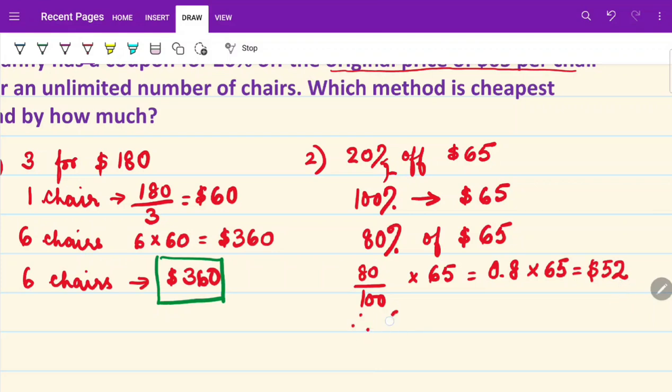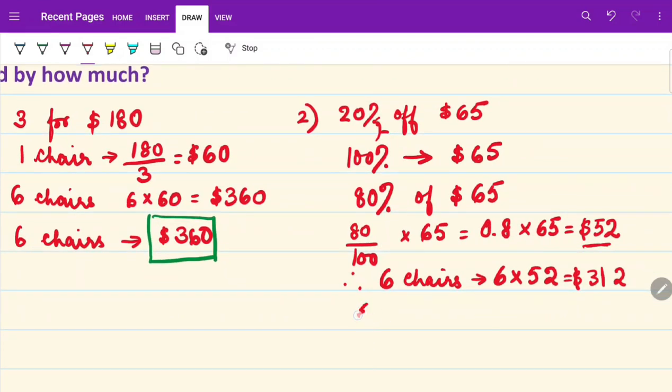Therefore, 6 chairs would cost 52 times 6, which is $312, correct? So 6 chairs cost $312.